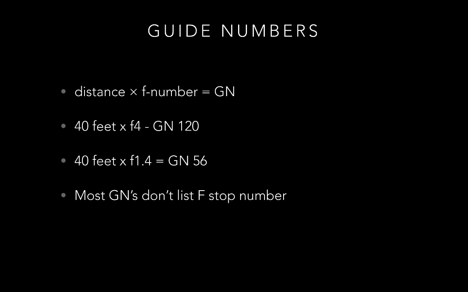The general idea is when they do list a guide number of 58, for example, assume that they're probably using the lowest f-stop possible because every manufacturer wants to have the biggest rating possible. But it is very confusing and difficult to understand those guide numbers because they're not always giving you all the information. A 600EX at f/1.4 has a guide number of 60, so that gives you something to compare it to.